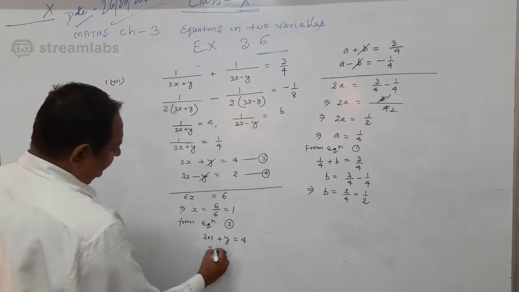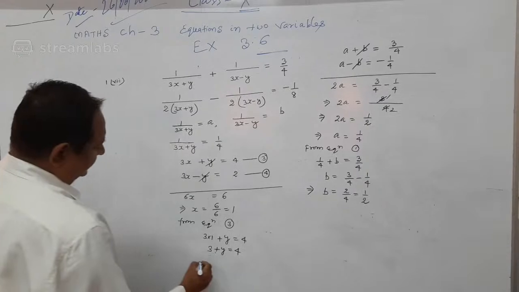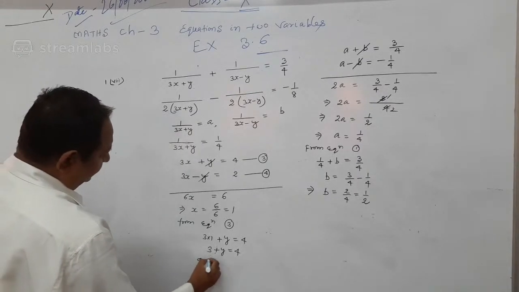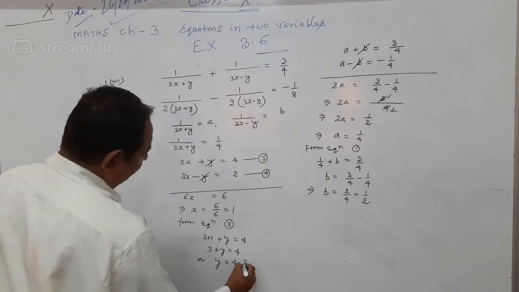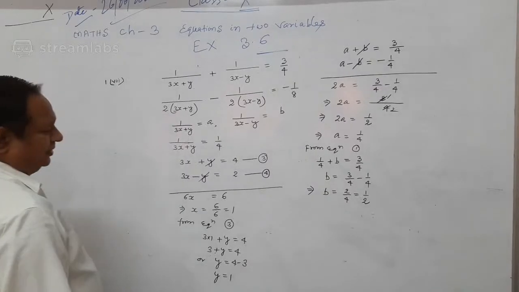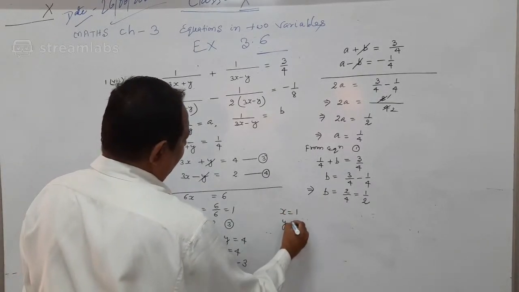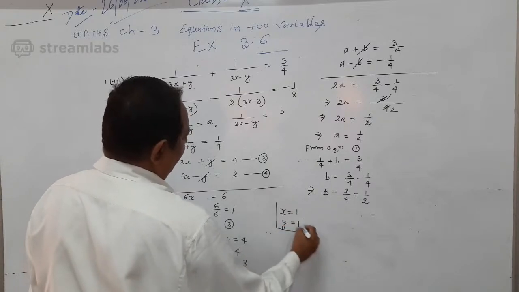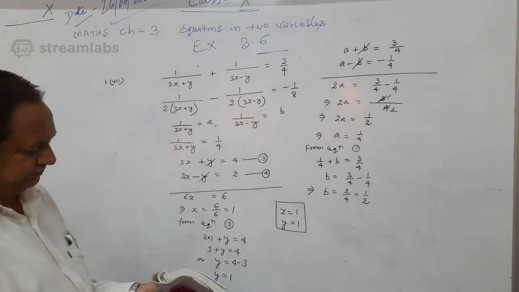That is 3 plus y is equal to 4, or y is equal to 4 minus 3. So the value of y is 1. So x is also equal to 1, y is also equal to 1. These are the required solution of the given equation.